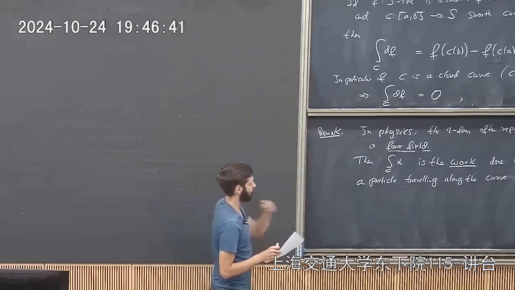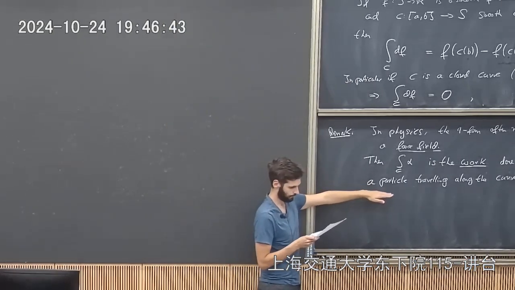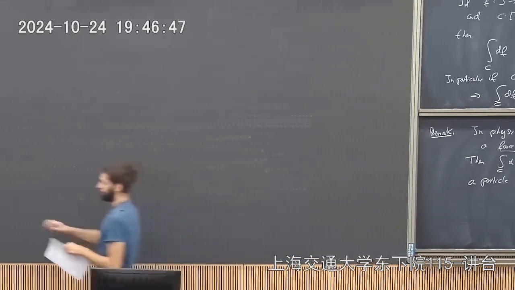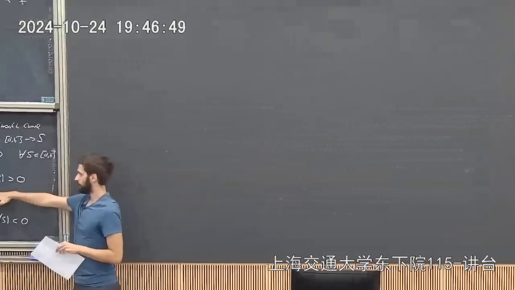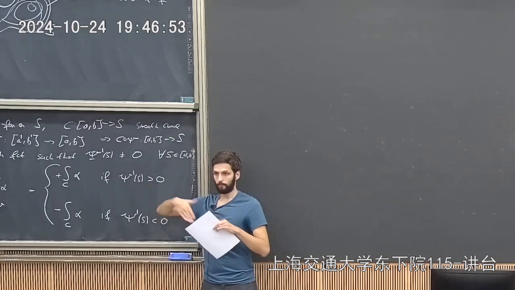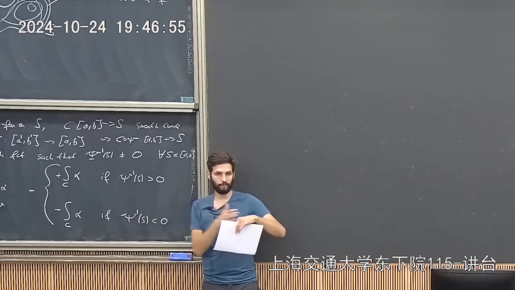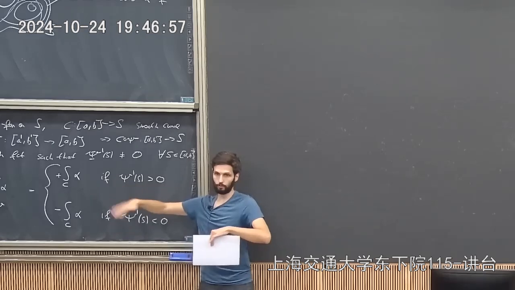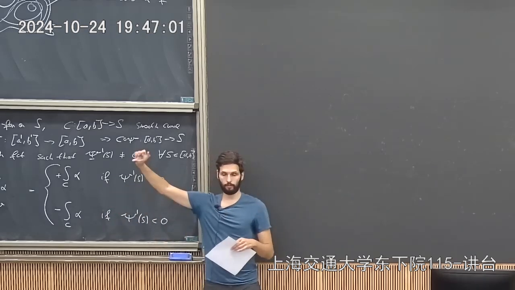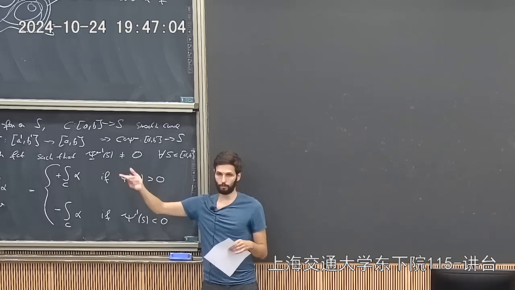So in this language, this proposition that we just showed says that it doesn't matter how fast I'm traveling. It doesn't really matter if I'm super fast at the beginning and then slow at the end. It really just matters about the path that I'm traveling along. That's something that you know from physics.